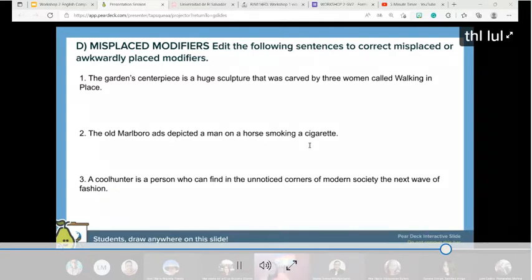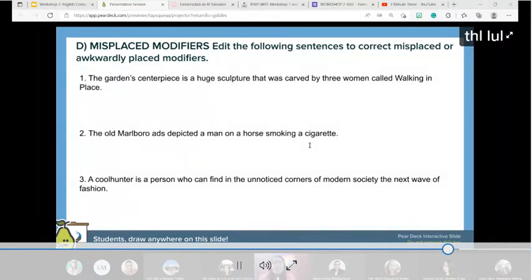The garden's centerpiece is a huge sculpture. So we are talking about the huge sculpture. And what's the name of that sculpture, according to the information that you have in the sentence? The name is Walking in Place. So we are going to move it, right?